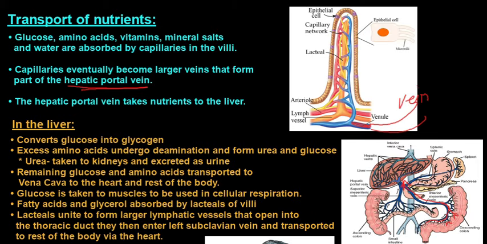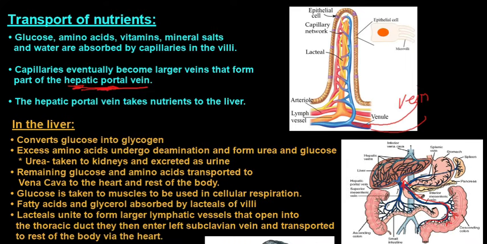It does not go to the heart like you learned in grade 10. This specific one from the intestines goes to the liver, and that is why it's called the hepatic portal vein. So hepatic has to do with the liver, and then portal is like an entry point. So the hepatic portal vein, this vein goes into the liver.